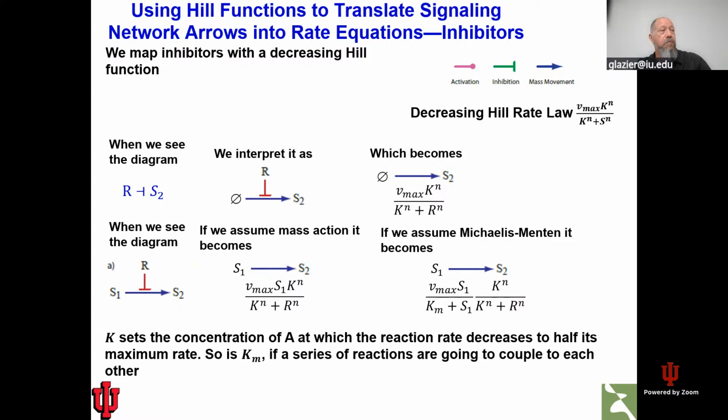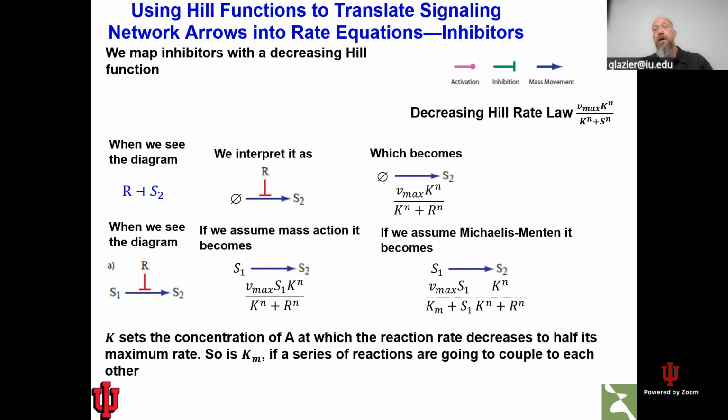Then, if I had no regulation, the rate of production of S2 would be Vmax times S1. That would be it. In this case, it's regulated by R, so I multiply by K to the N over K to the N plus R to the N. Remember, K to the N over K to the N plus R to the N is a number between 0 and 1. So increasing the amount of R decreases the rate of production.